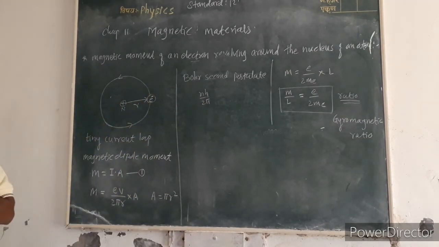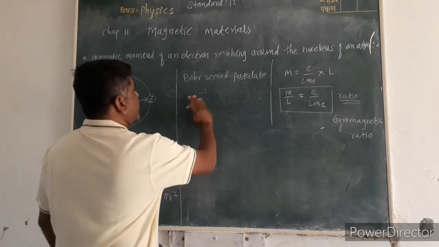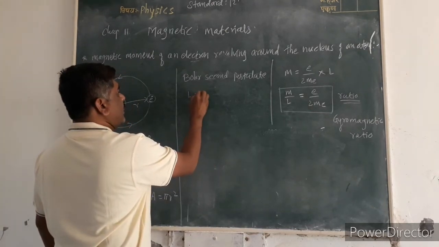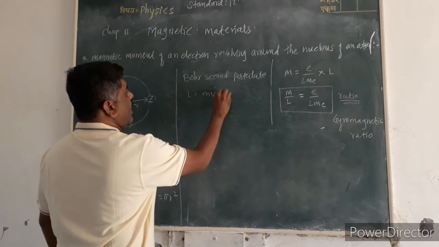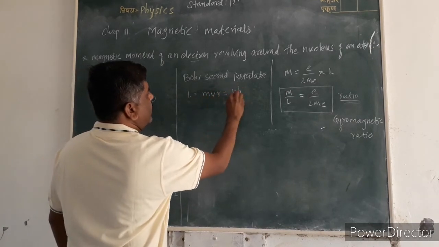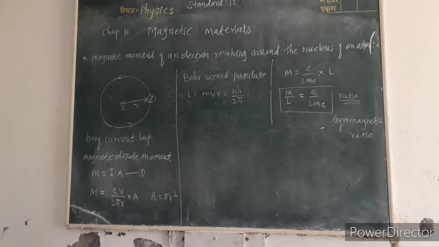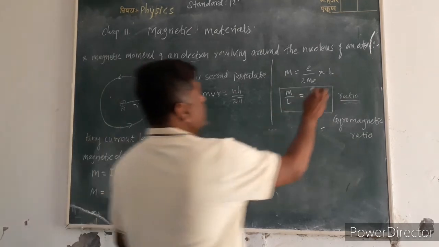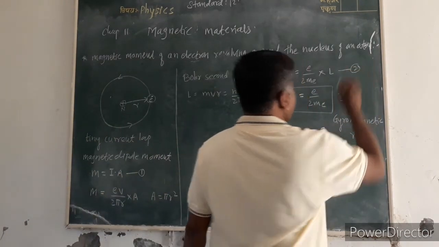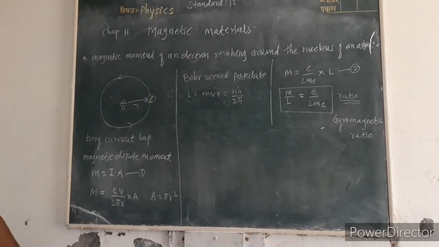This is Bohr's second postulate. Then we can write L is equal to m v r, which is equal to nh upon 2 pi. Suppose this is equation 2.